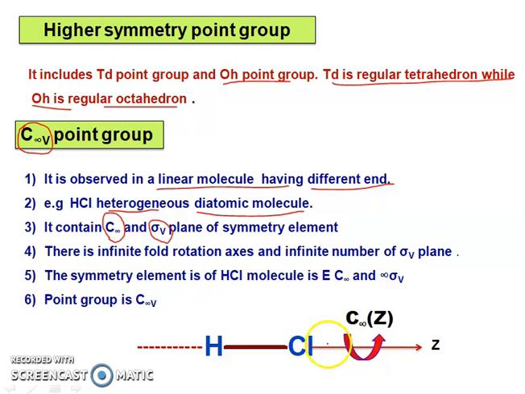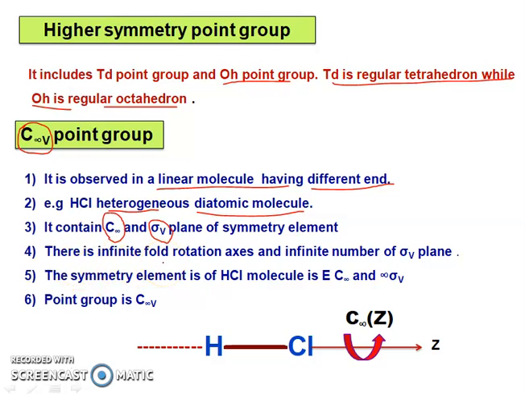So it is a C infinity axis. Earlier we had the CN axis, similarly this is a C infinity axis, and this number of rotations can be done with the help of this rotation, right? So it is a C infinity axis.